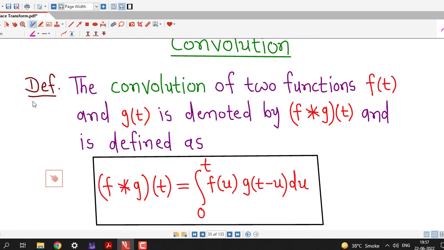Sometimes they can ask you the definition of convolution, and you can write it this way: the convolution of two functions f of t and g of t is denoted by f star g of t and is defined as f star g of t equal to the integral from 0 to t of f of u g of t minus u du.